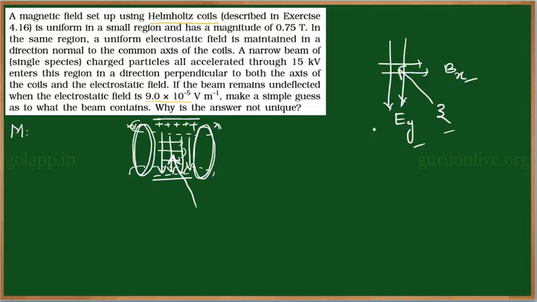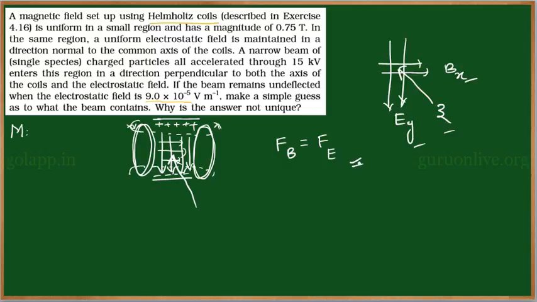Also it is given that this beam is not deflecting due to this electric and magnetic field. The electric and magnetic fields are set such that the forces are equal. For example, the force of the magnetic field on the charge is equal to the force of the electric field, such that it won't have any impact on that beam.